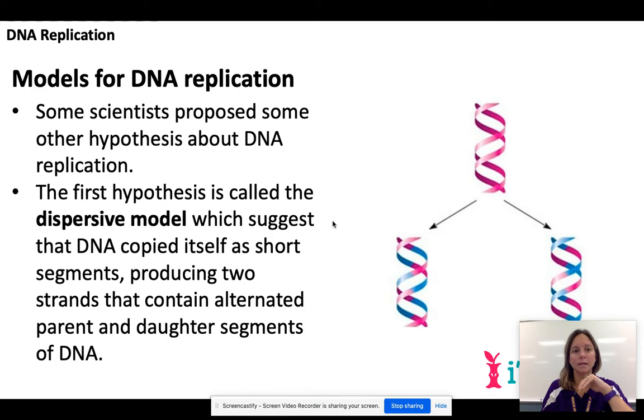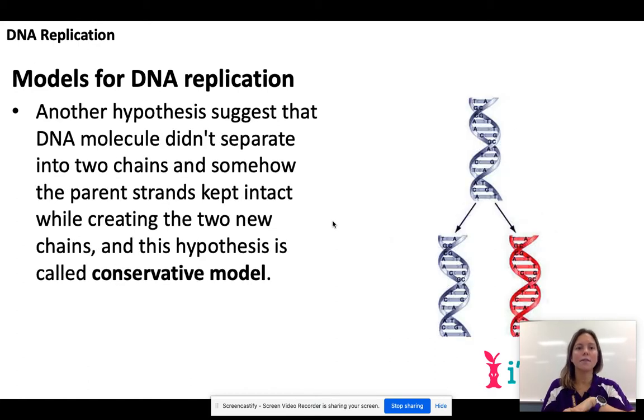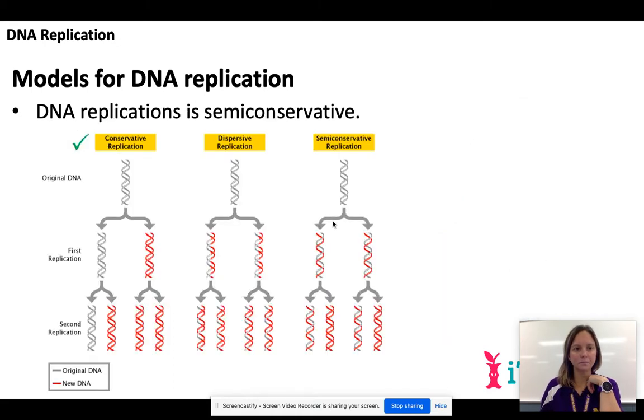We found that the dispersive is not how it's made. The other was the conservative, where when the cell divides, we have a whole new strand of DNA, and there's no original present. We also know that that is not true, based on the science experiments that scientists performed.